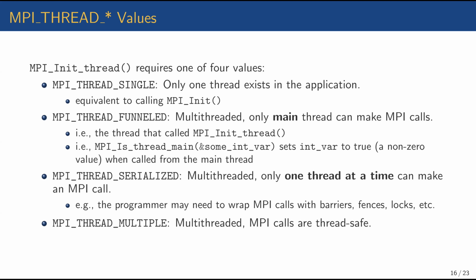And MPI thread multiple means it's multi-threaded and all MPI calls are thread safe. So that one's the easiest to work with if you have to actually call MPI from different threads, and you don't want to worry about all the details. Of course, you have to follow the rules for concurrent programming and use barriers, fences, locks, semaphores, whatever you need in your code as is appropriate.